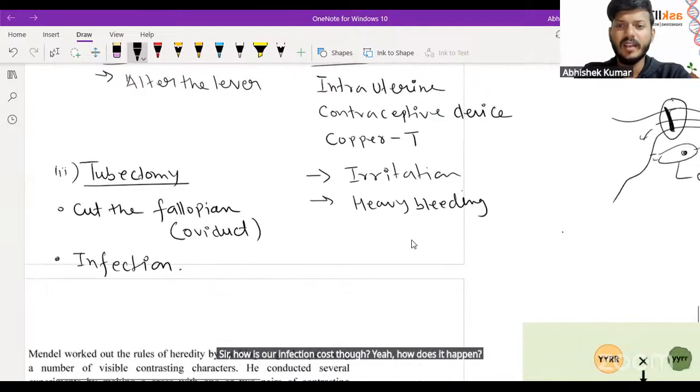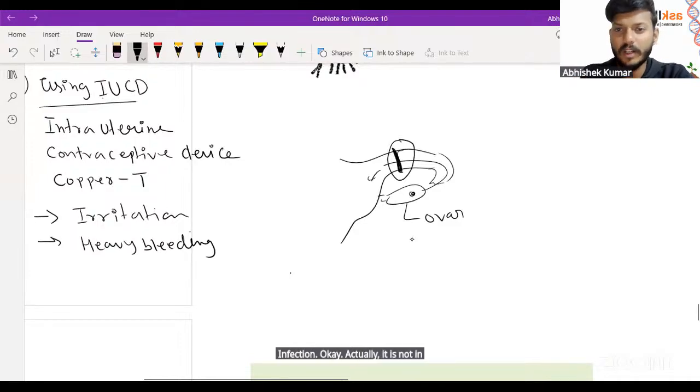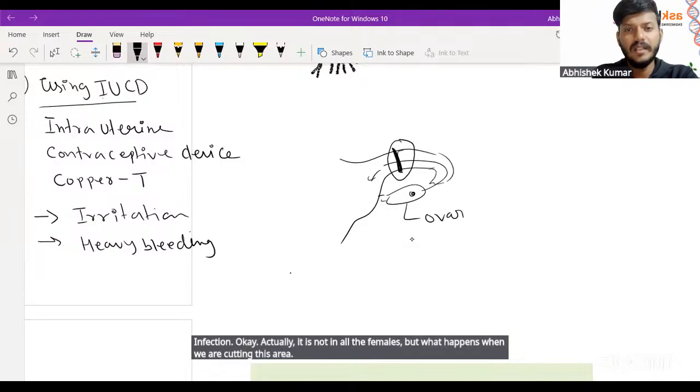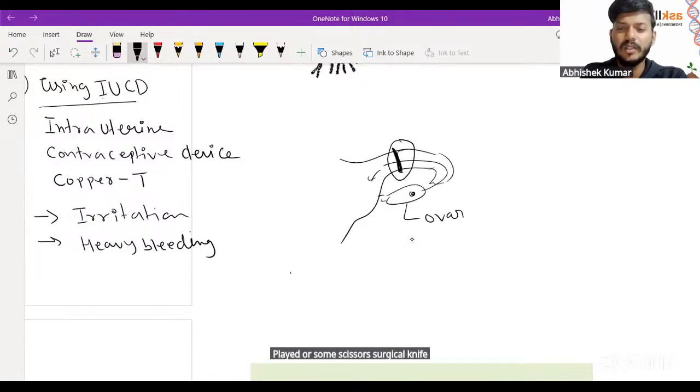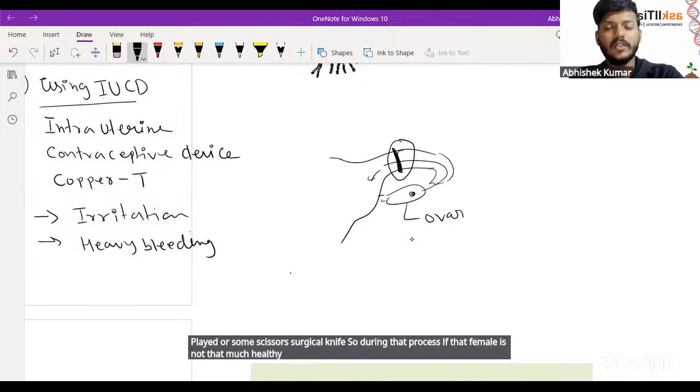Okay. Actually, it is not in all the females, but when we are cutting this area, we are cutting with the help of an instrument, blade or scissors, a surgical knife. During that process, if that female is not that healthy or she's not taking enough nutrients, mainly for the growth of muscles, what type of nutrient do we need?